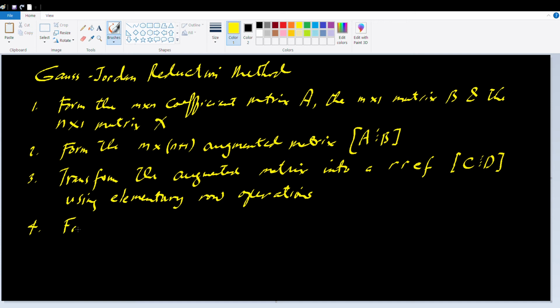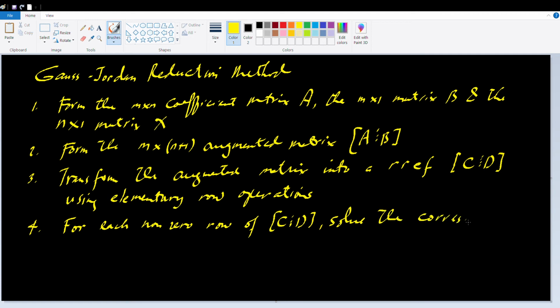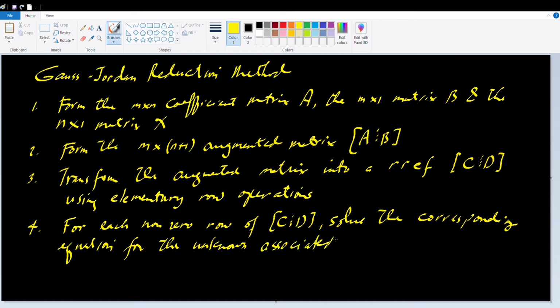the next step is for each non-zero row of matrix [C D], we solve the corresponding equation for the unknown associated with the leading entry in that row.